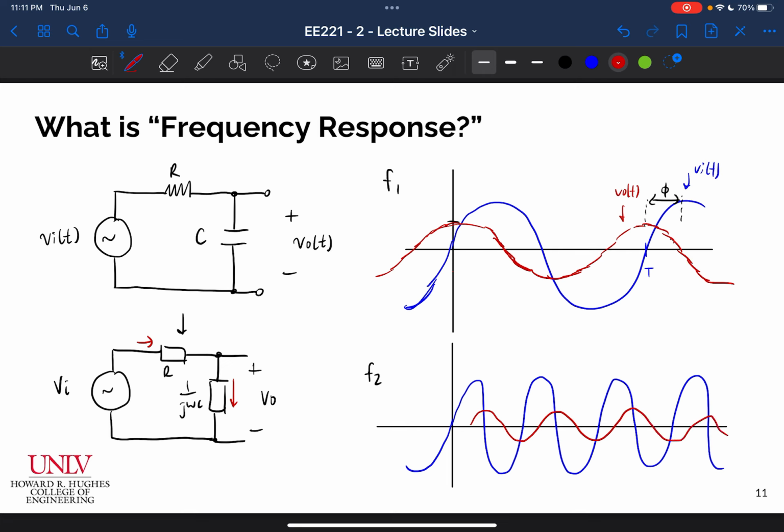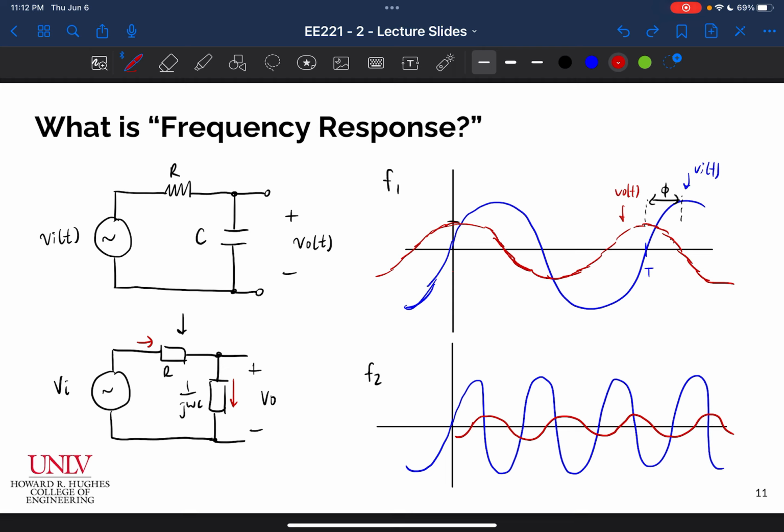Let me make that even smaller, actually. I just want to get the point across that it's much smaller than this signal, because at some frequency F2, the phase is now different again. I don't have the same phase shift. I have a completely different phase shift, and I have a completely different magnitude.